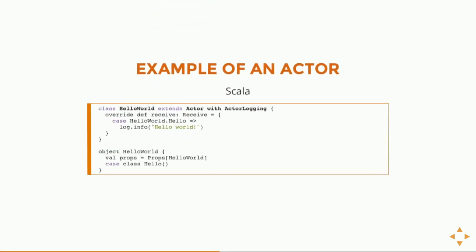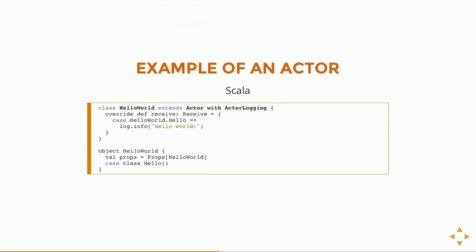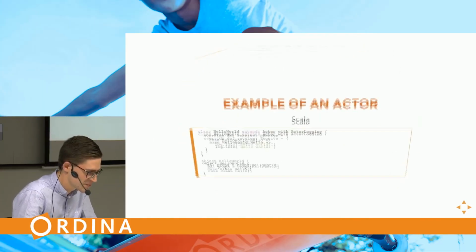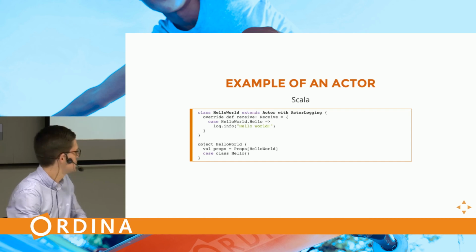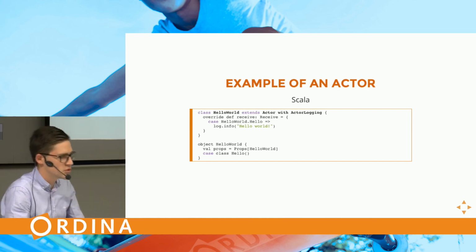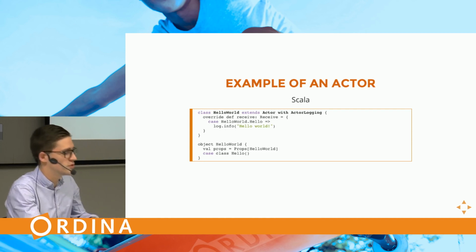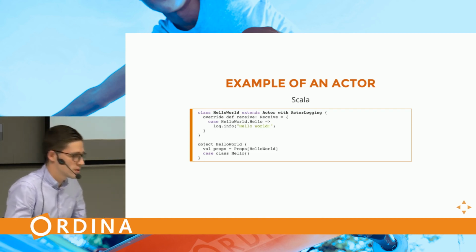But since Java 8, we have lambdas that ease the pain a bit. But in Scala, things are even more compact, which makes it nicer to use. I just included this for comparison sake.